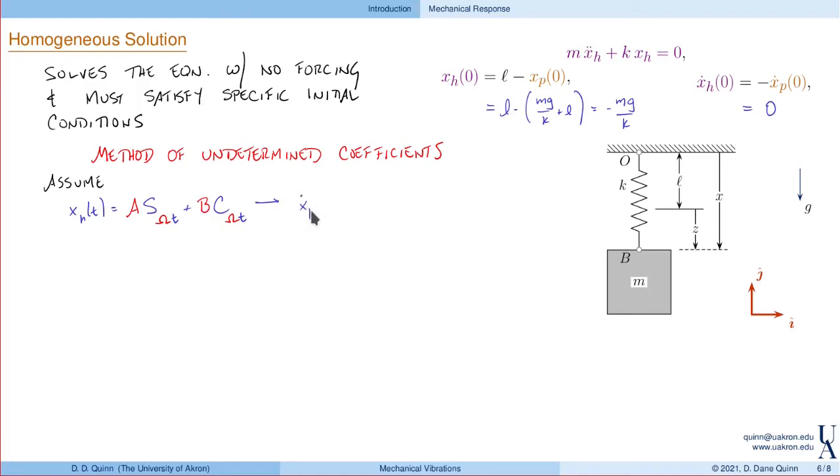X dot here is A omega cosine omega t minus B omega sine omega t, and the second derivative is minus A omega squared sine omega t minus B omega squared cosine omega t. Okay, we now need to substitute this into the equation of motion.